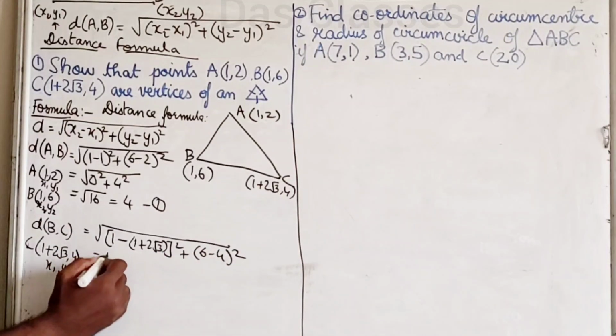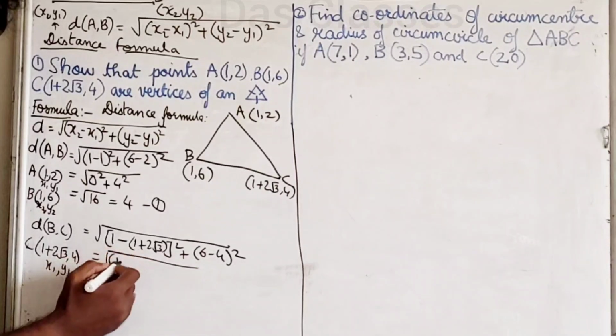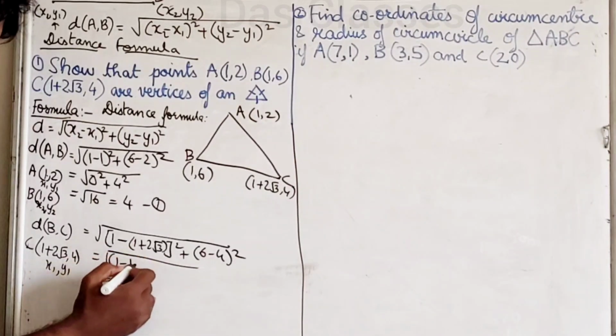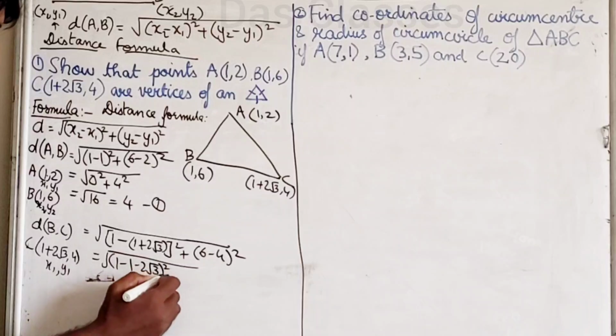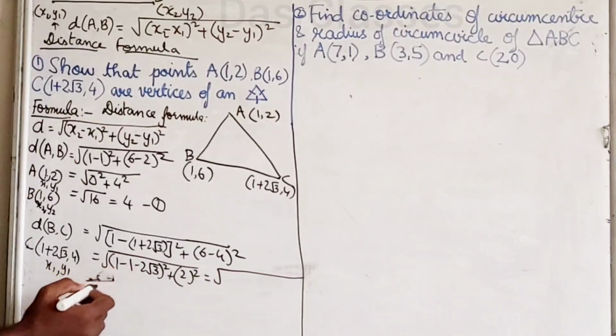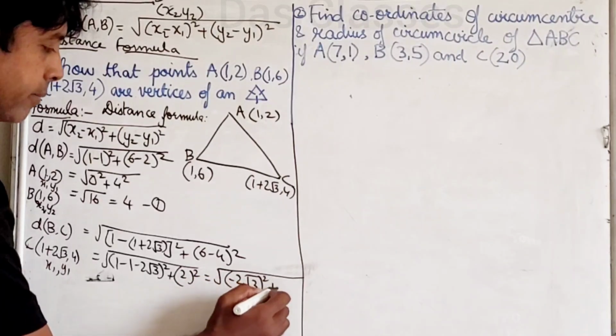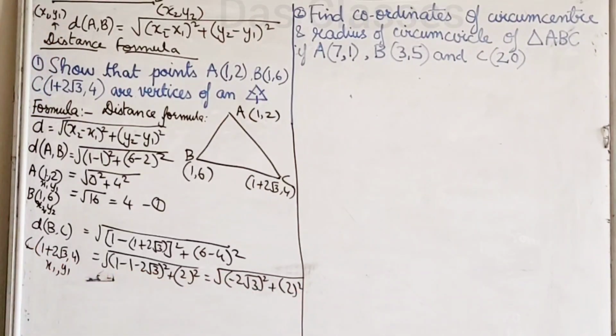Remove the bracket, so that's going to be equal to 1, and the signs of the terms change, minus 2 root 3, square, plus 6 minus 4 which is 2, square. 1 minus 1 is 0, so that's going to be minus 2 root 3 square plus 2 square.